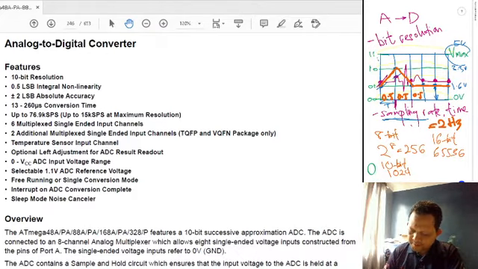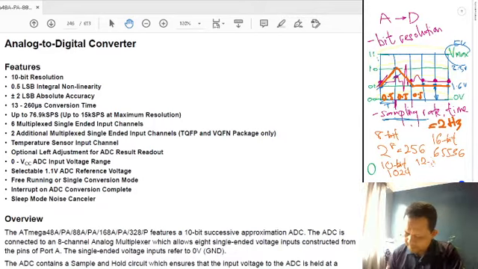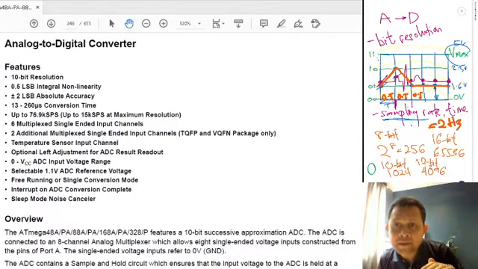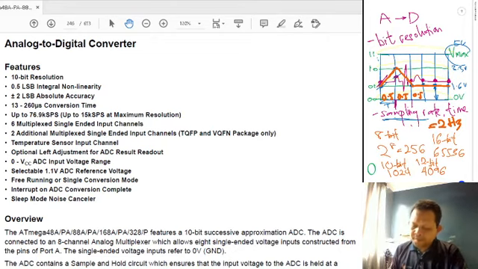If it is 12 bits, then you have around 4096 levels of voltages, including 0 volt.